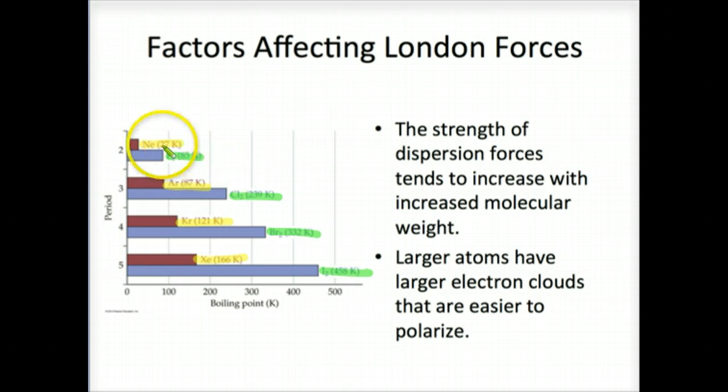So notice how that temperature changes as you go down, where we have more and more electrons. And to reinforce the reason this is so significant here is because the only intermolecular force in these compounds is London dispersion. So that's the only IMF occurring in these compounds and in these atoms.